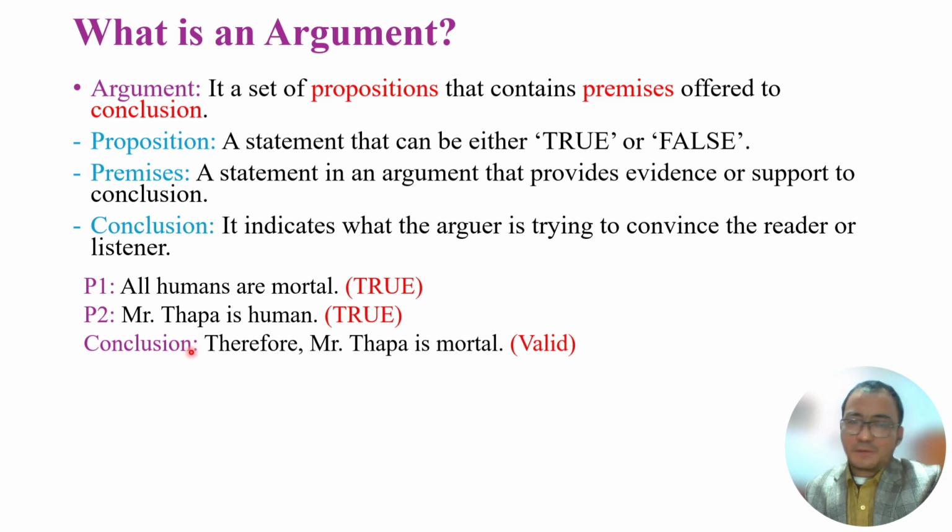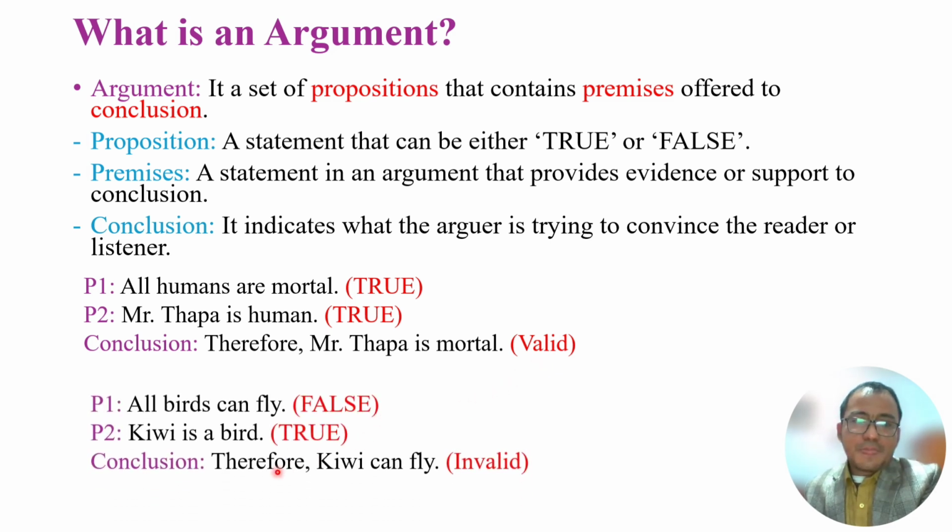Of course, it is also true. Now as a conclusion, therefore Mr. Thapa is mortal is valid. Why? Mr. Thapa is also a human being, that's why he is also mortal, so it is valid. It provides the validation to the argument.